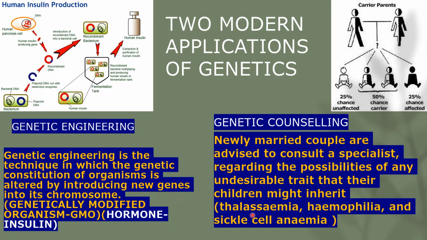These are all genetically transmitted diseases: thalassemia, hemophilia and sickle cell anemia. Very important, you have to remember these names. These genetically transmitted diseases may pass to the next generation. That's why a newly married couple is advised to consult a specialist.